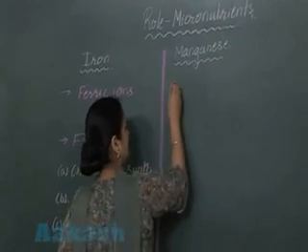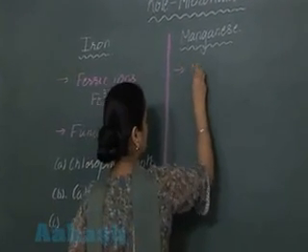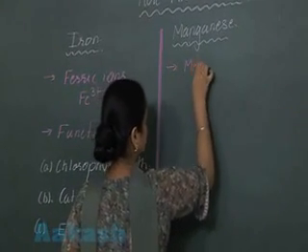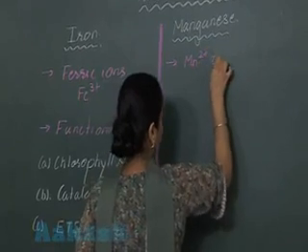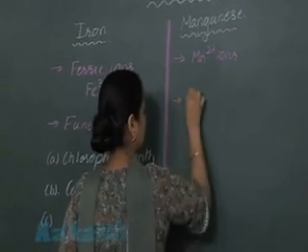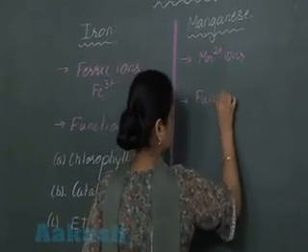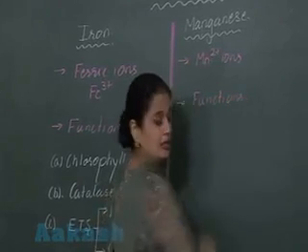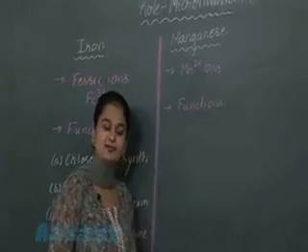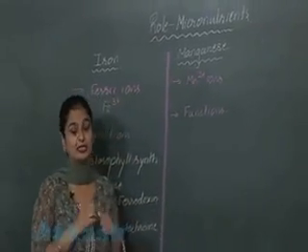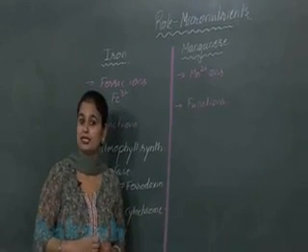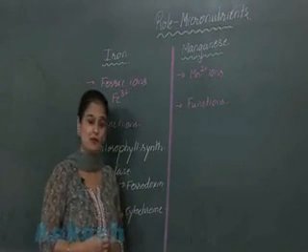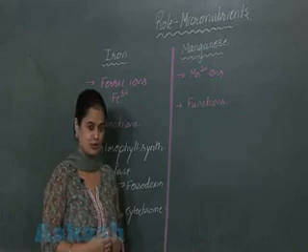Manganese is absorbed by the plant in the form of manganese ions. Now the best defined function of manganese is that it is involved in the water splitting step in photosynthesis.